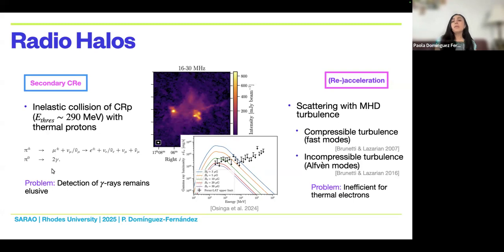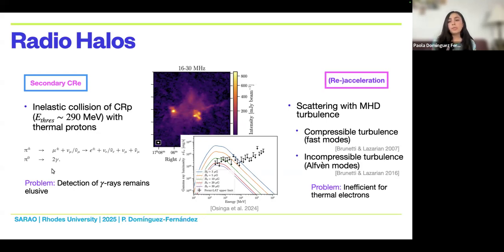So here, the idea is basically that you would have electrons that are being accelerated through scattering with MHD turbulence. And there have been a couple of mechanisms proposed in the literature relying on different types of turbulence, namely, for example, compressible turbulence or incompressible turbulence.